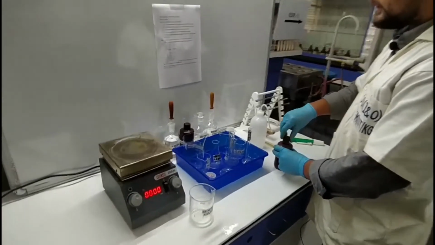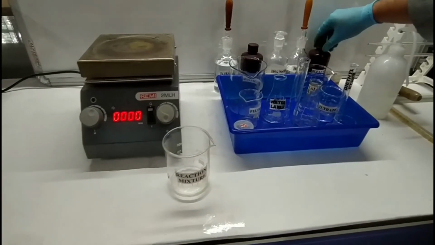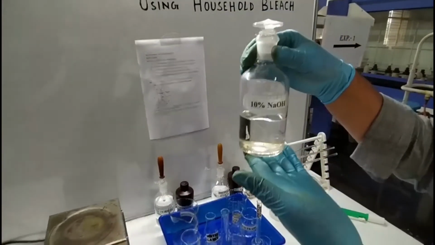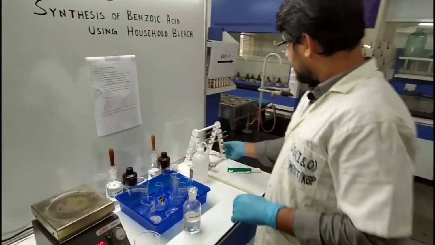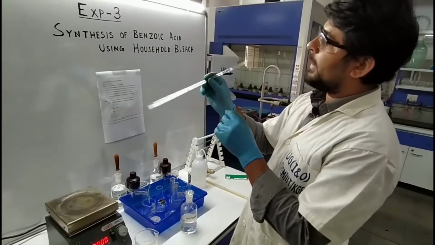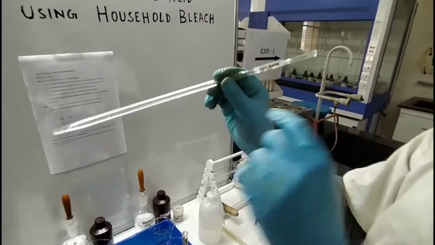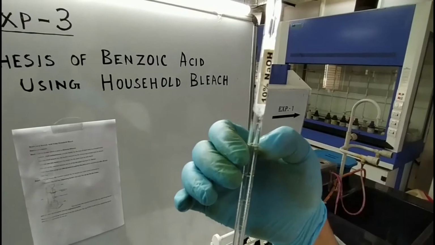Then after that we have to add 2 ml 10% NaOH. So this one we have to add over there. How much? 2 ml. To take 2 ml, we can find a pipette over here which is labeled as 10% NaOH, and this pipette can measure only 2 ml. So we have to take up to the 0.